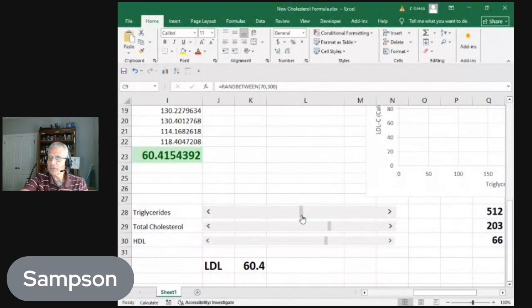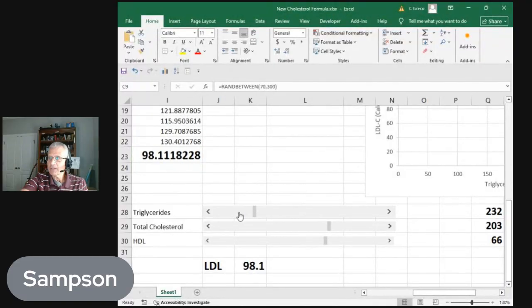So what you can do is you can set the triglycerides down. As you can see, if the total cholesterol remains the same and those triglycerides come down, look what happens to the LDL.